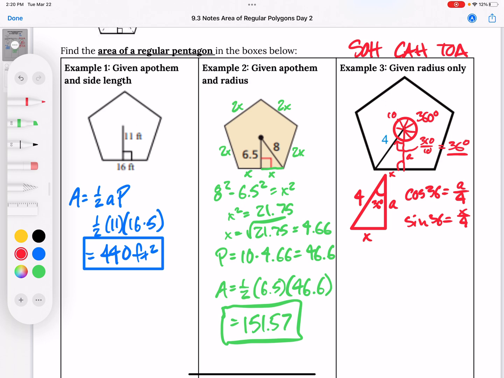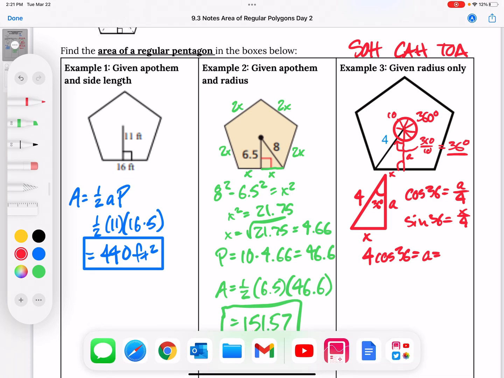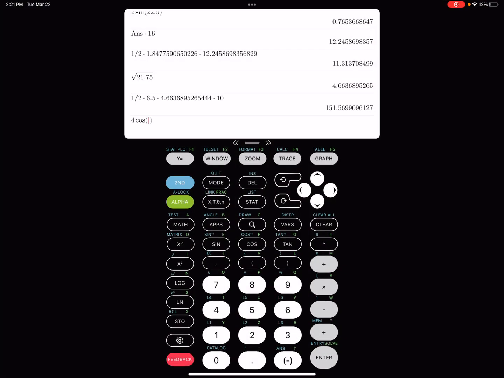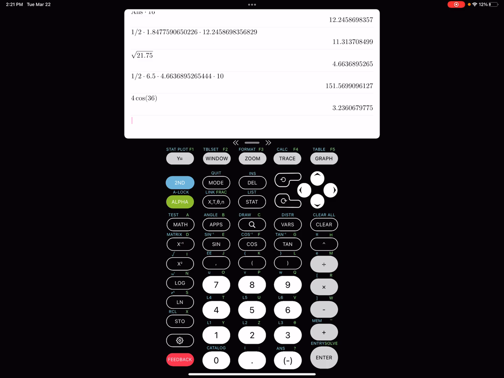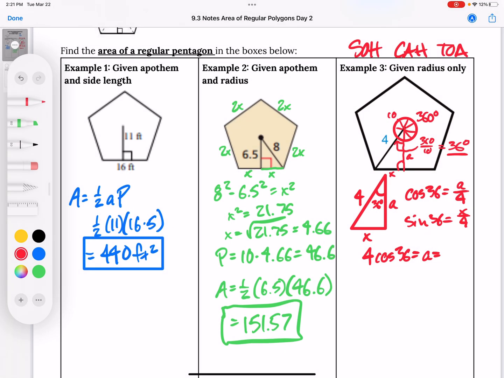So using each of these, 4 cosine 36 is equal to A. Make sure your calculator is in degrees. That's 3.24. So A is 3.24.